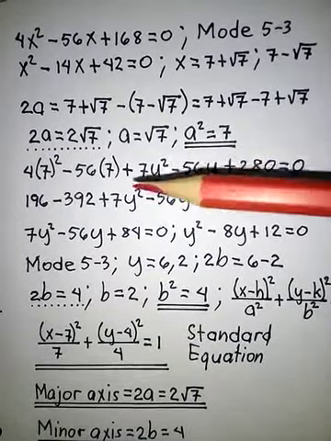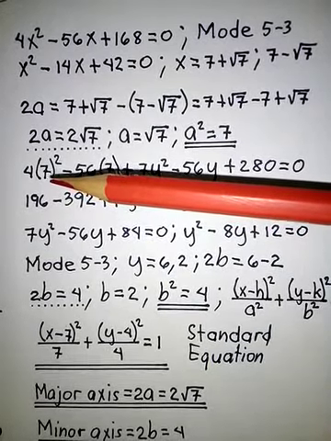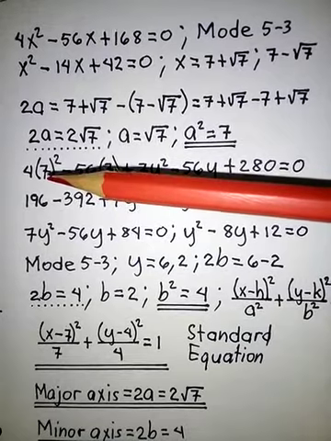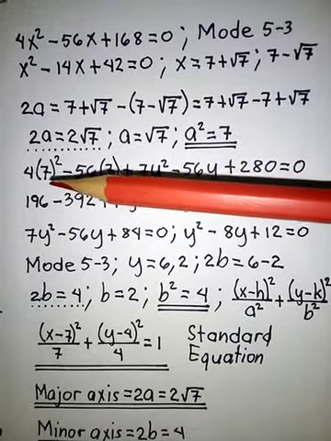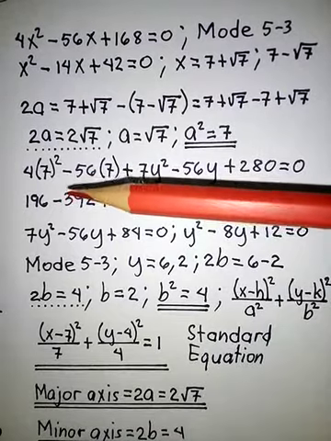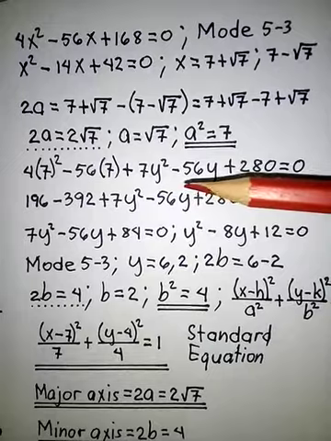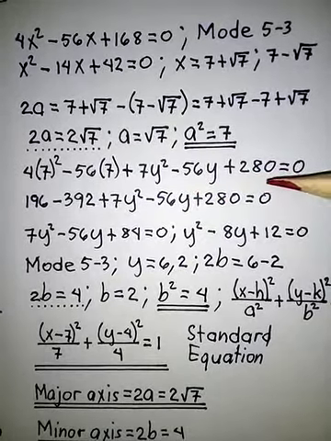Okay. Next, let us substitute the value of x, which is equal to 7. We have 4 multiplied by 7 squared minus 56 multiplied by 7 plus 7y squared minus 56y plus 280 is equal to 0.